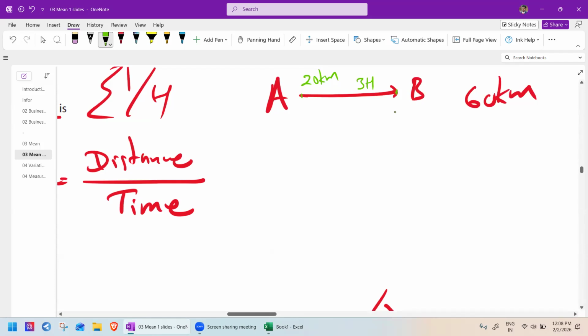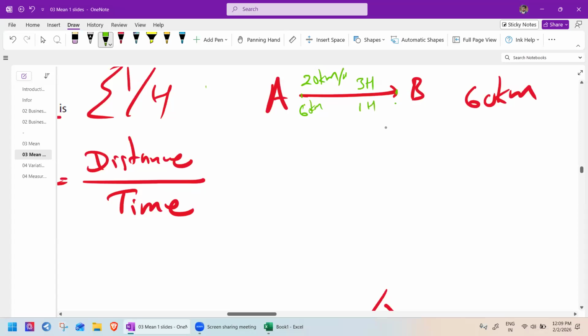And if the same driver from point B to point A travels 60 kilometers per hour, how long does it take? 1 hour. Very good.